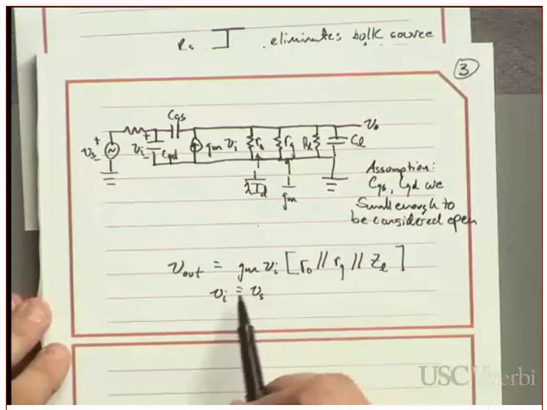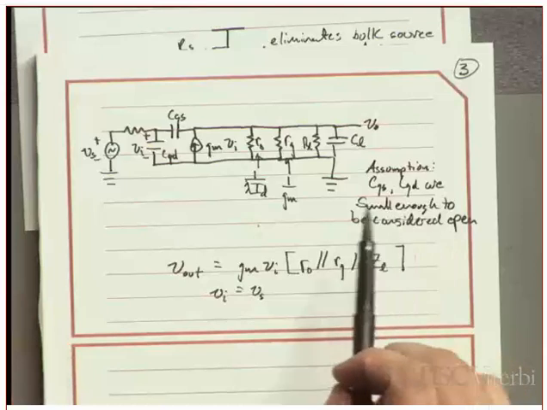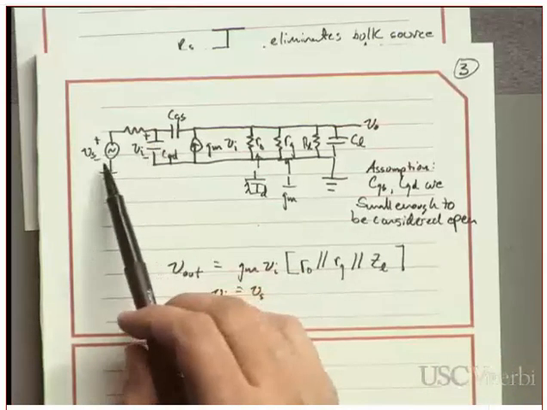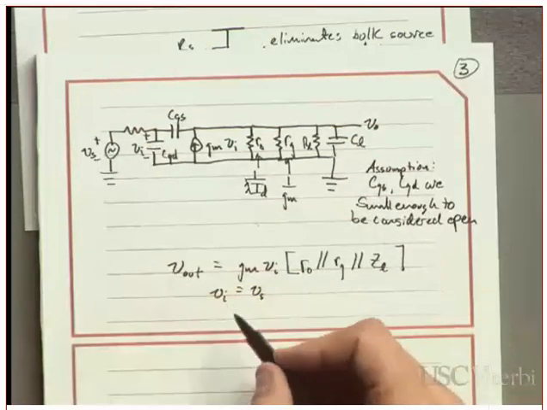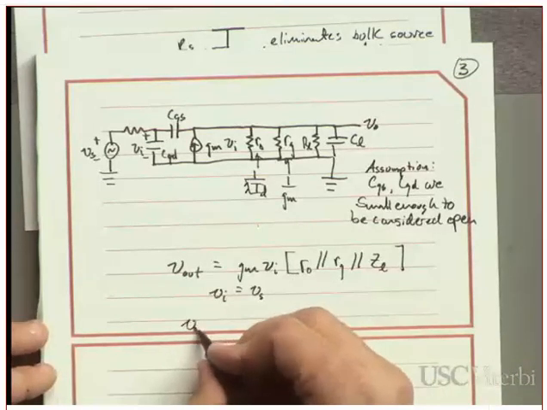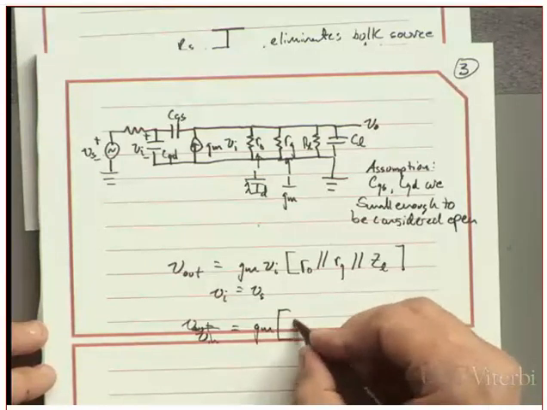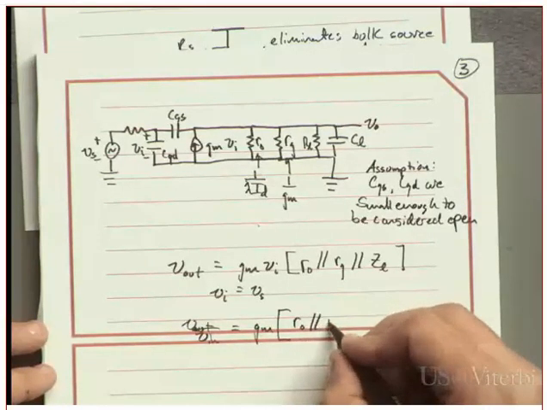And so once I've made this assumption, CGS and CGD are small enough to be considered open. So these ones go away. VS becomes VI. And now I'm left with V out over V in being GM times this parallel combination of resistances.